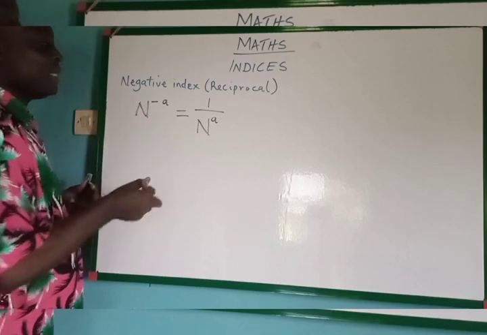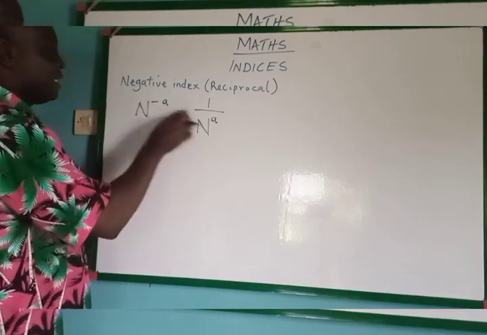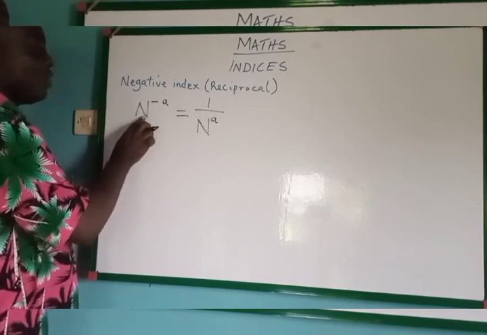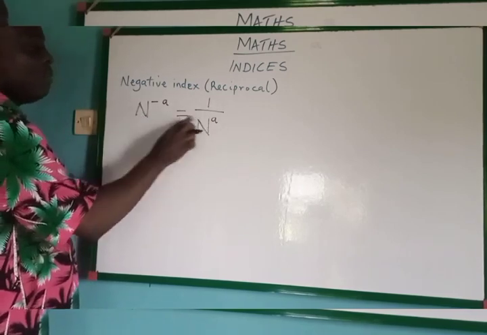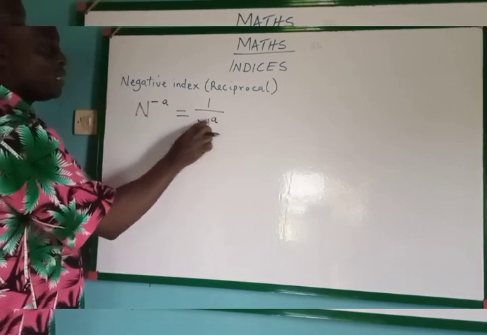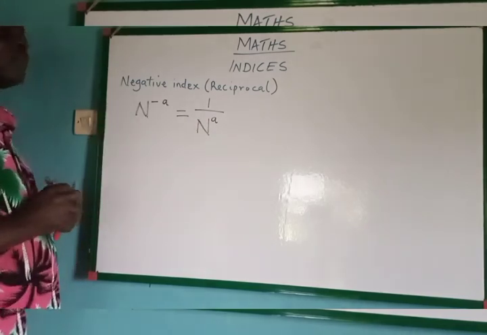Also, if you are converting from this, it moves to become the numerator of the expression, but the sign of the power will change from positive to negative.